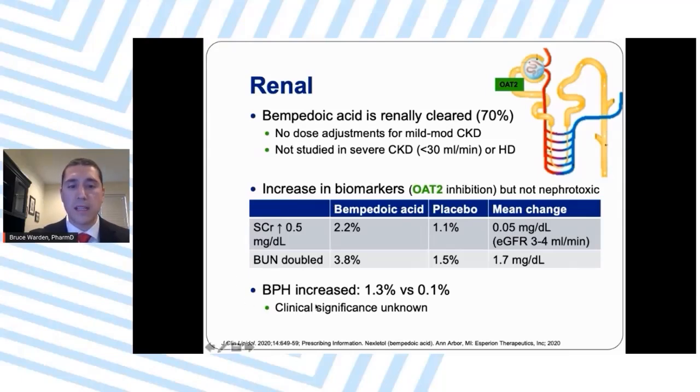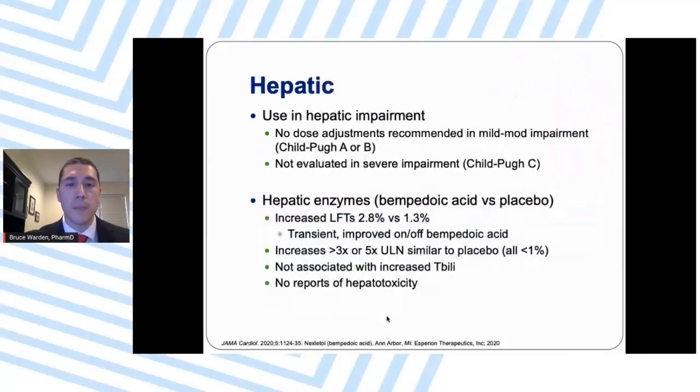And then we did see a slight increased risk of benign prostate hyperplasia with bempedoic acid, up about 1%. The mechanism and clinical significance of this is really unknown, but given the elderly population we'll likely be treating, something to be aware of.